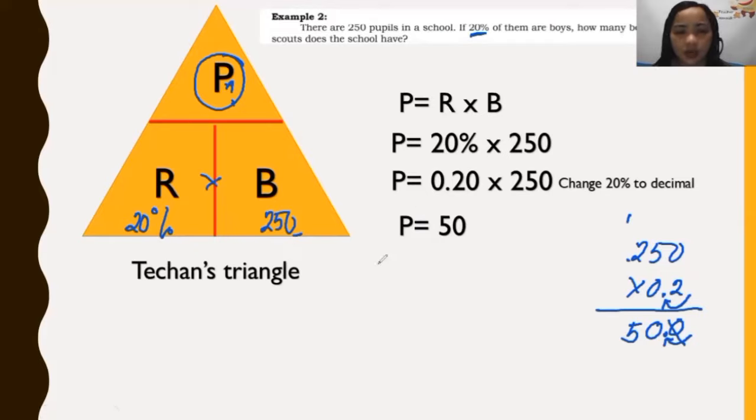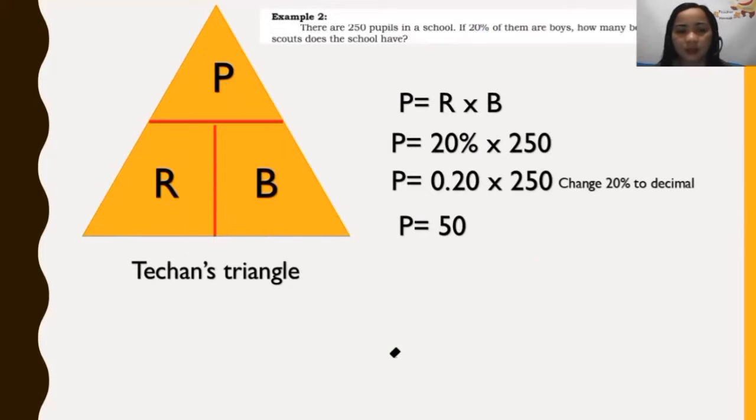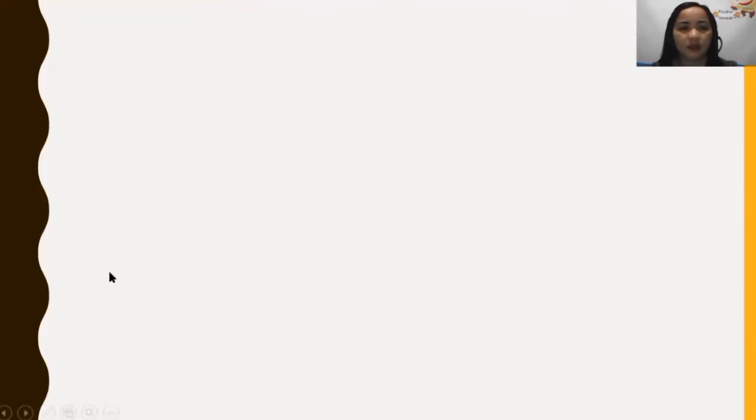There are 50 Boy Scouts in the school. All right. Now, this is the answer for this problem. Let's proceed to the next example.